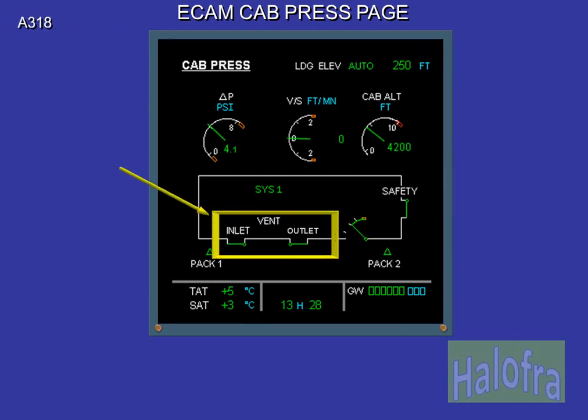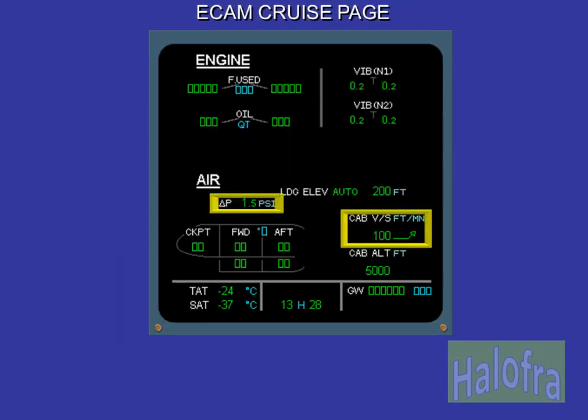The vent, inlet, and outlet indications are associated with the avionics ventilation system. On the ECAM cruise page, there are indications of cabin differential pressure, cabin vertical speed, cabin altitude.